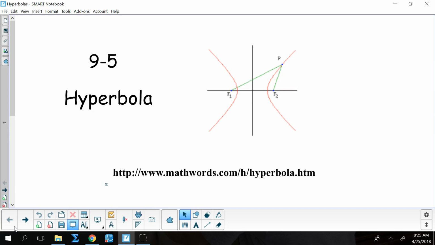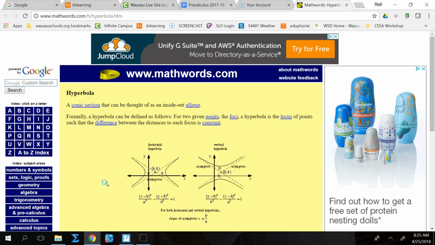Alright? So, let's first describe what a hyperbola is. Some people call it an inside-out ellipse, which I don't really like. But formally, for any point that is on the hyperbola, you take the distance to the two foci and you subtract them, and that's the constant.